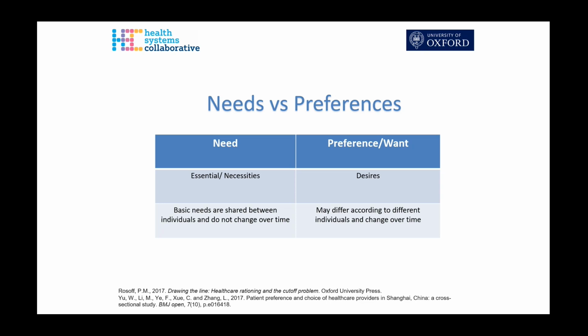So now for those who are interested to know more about how to distinguish needs from preferences in the healthcare context, I would highly recommend a book by Rababeh, which I've referred to at the end of this slide.